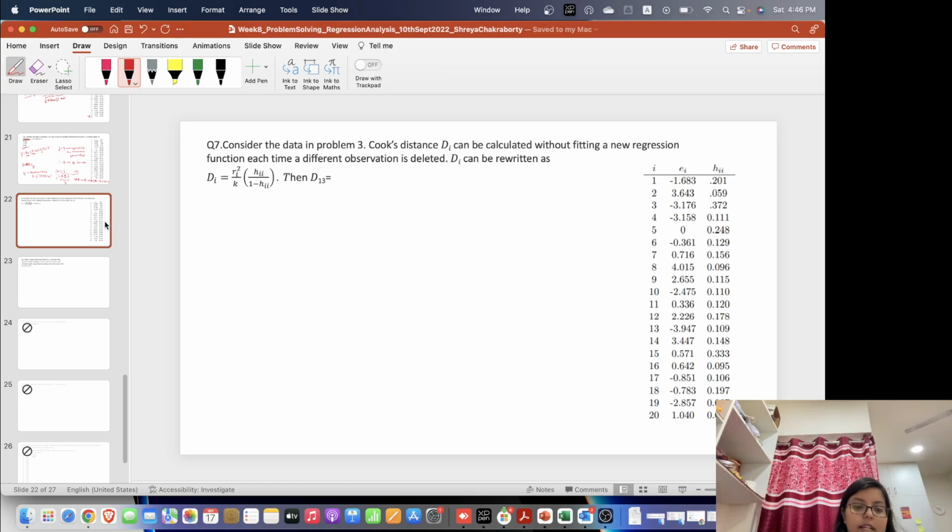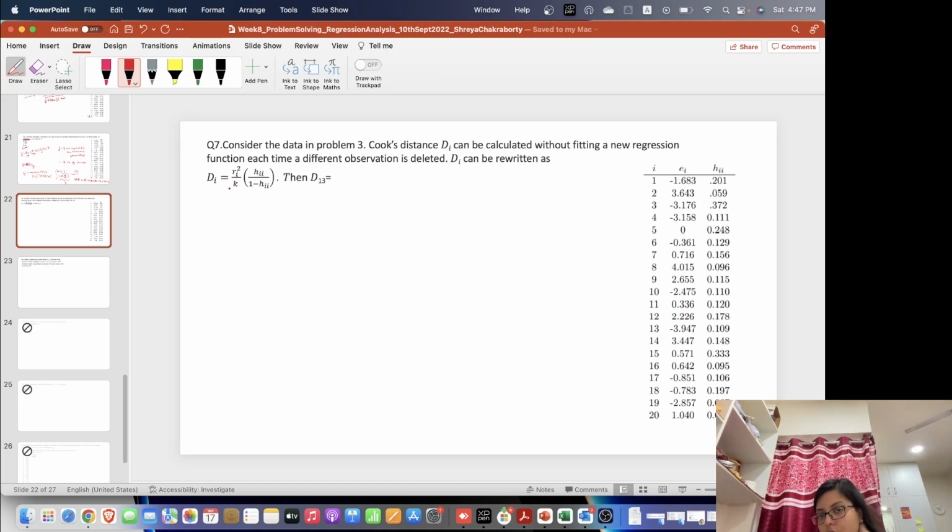Then let's move on to this question. The problem remains the same, and for Cook's distance they have given a formula.